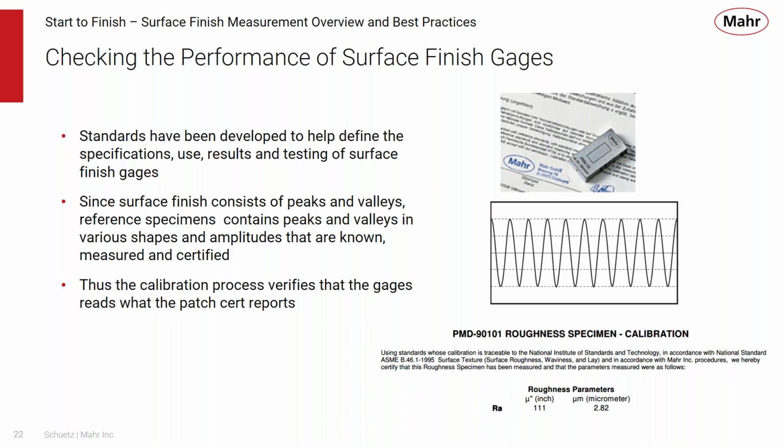Thus, the calibration process is basically taking the surface finish test specimen and measuring it with the surface finish gauge, which ensures that the system is reading properly. There are different style patches out there of different waveforms, but you will get a certification with them that defines what the calibration results of that test specimen are.